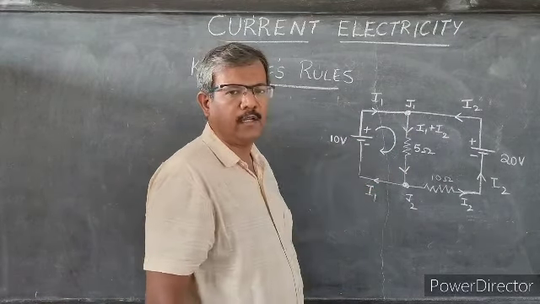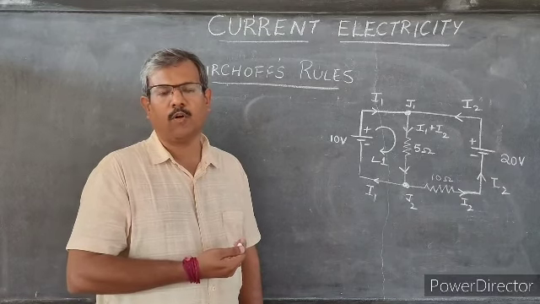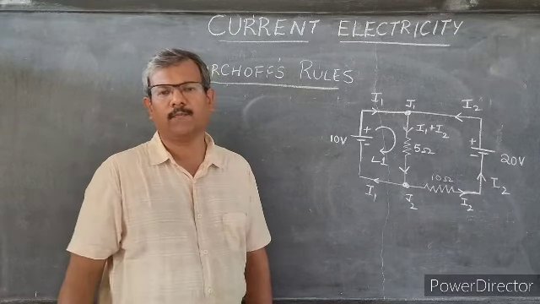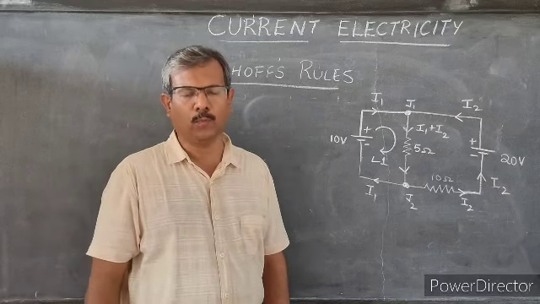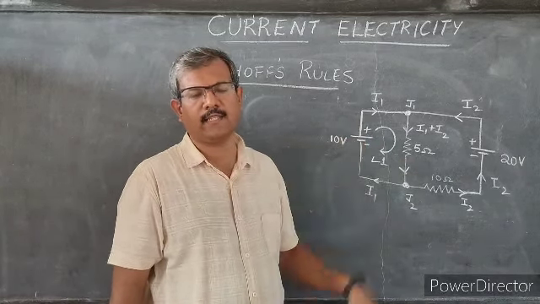So what does the loop law say? It says the algebraic sum of the change in potential across a closed loop due to the presence of cells and resistors is always 0.